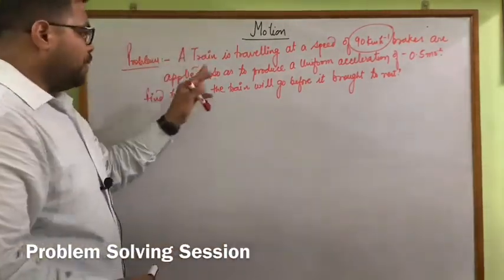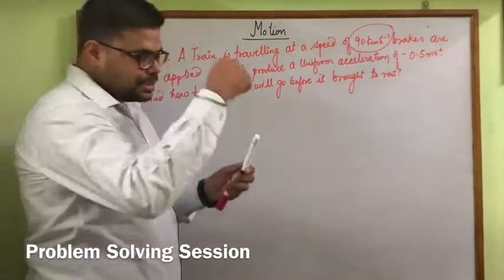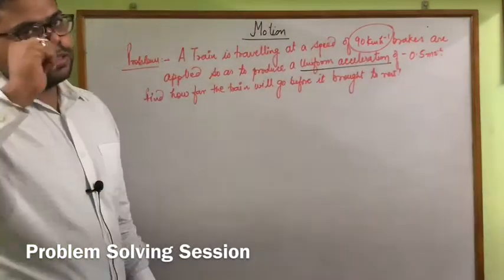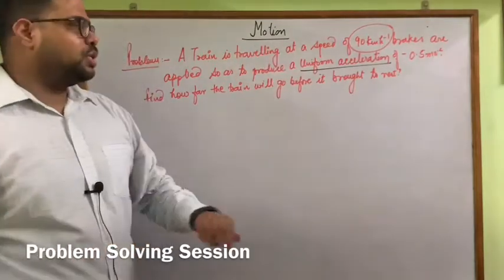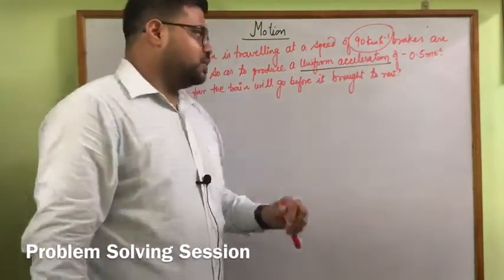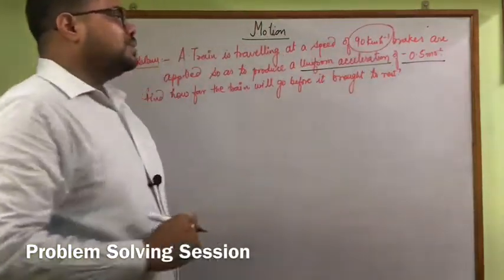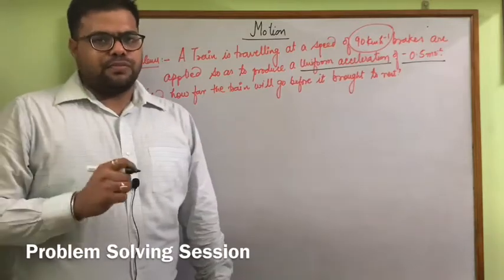So brakes are applied so as to produce a uniform acceleration, which is minus 0.5 meter per second squared, and we apply the equations of motion. The negative sign indicates a kind of acceleration.